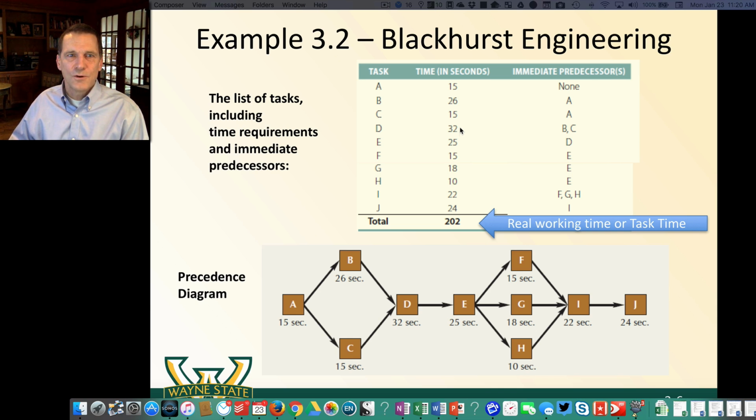We would have the slowest task be this 32 seconds, and we'd have other tasks as fast as H here, 10 seconds. So H would be bored, right? They're waiting. They're only working a third of the time. They're idle 2/3 of the time, even a little more than 2/3 of the time. So you get the idea why we didn't just say, let's do a 10-step linear process here. If we cluster these into groups, we can reduce the idle time we would have incurred had we done this as a linear process.